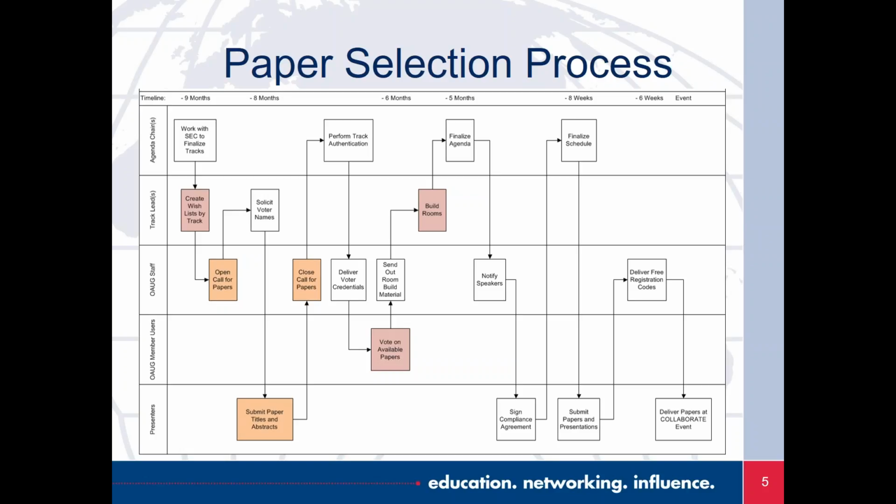Once the papers have been submitted, and Kabir is going to give us some tips and tricks here in the next slide, and the call for papers is closed, and do pay attention to that deadline and get your papers in by that close, then we actually review all of those papers and make sure that they're in the right track.